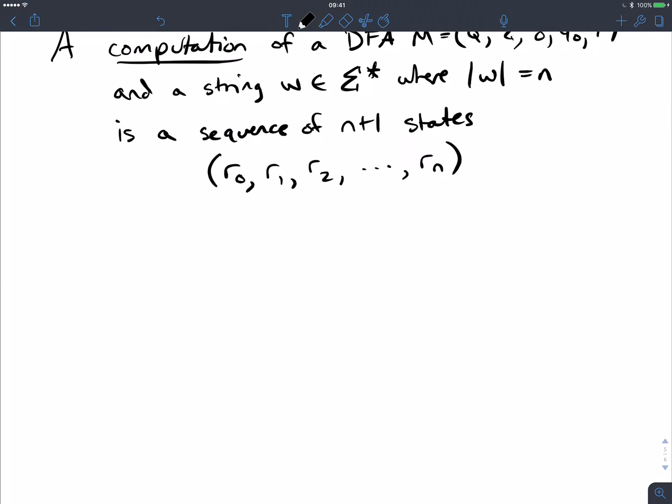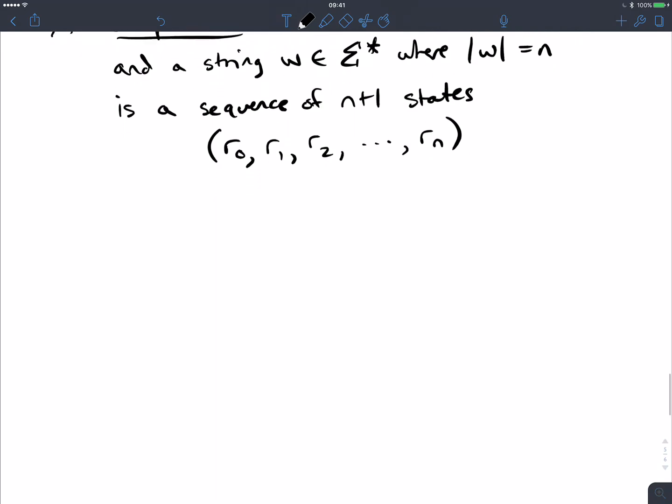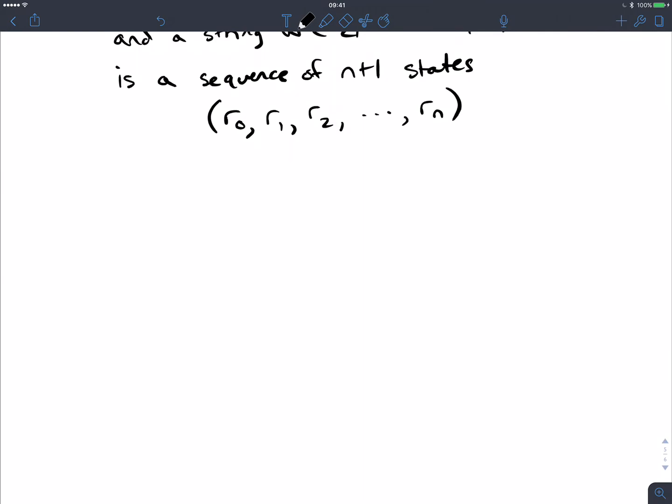Is that true in our model? Could it be any sequence? No, because it's a deterministic machine. So we've got to put some qualifiers on what the R sub i states could be. Well, what is something that we must know about this sequence?